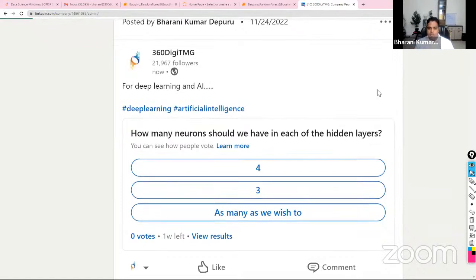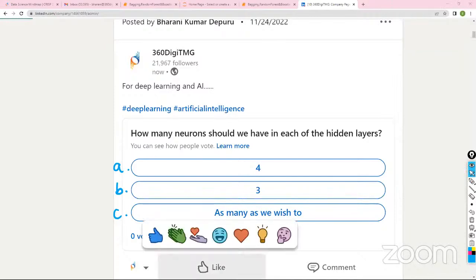How many neurons should we have in each of the hidden layers? And once again, I'll give you the options A, B, and C. I expect a sizable number of people to at least respond, please.